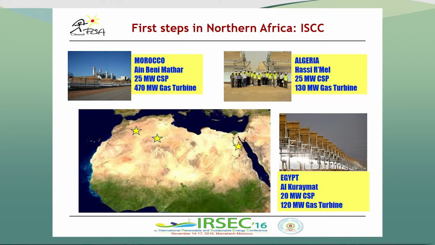So it's a good way to have experience for these countries, to have experience in running such plants, to capacity building, to see how they perform, etc. So they are there since 2011.